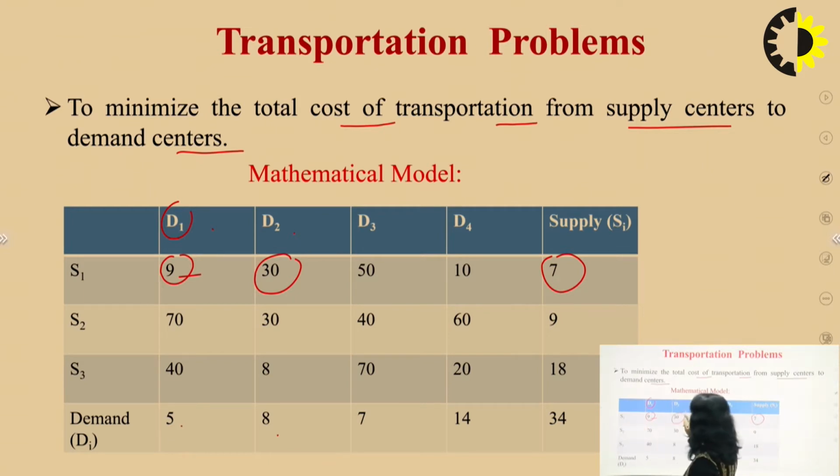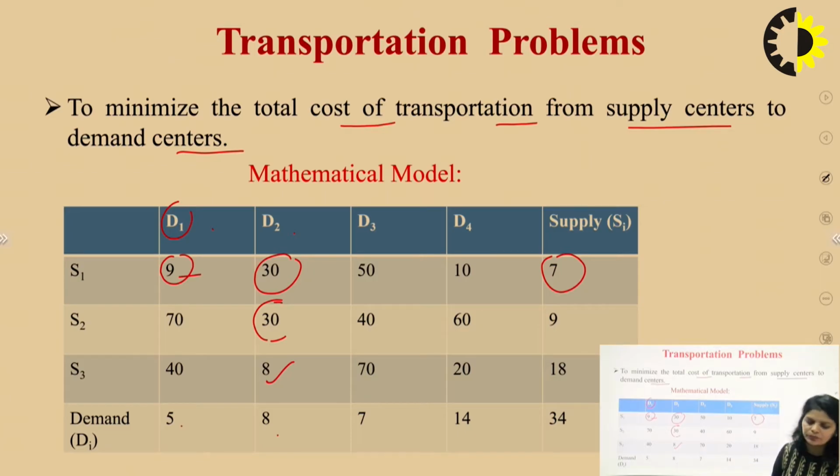From S1 to D2 it is 30, from S2 to D2 it is also 30, and from S3 to D2 it is 8. So these are the terms involved in the mathematical model, or the transportation matrix.